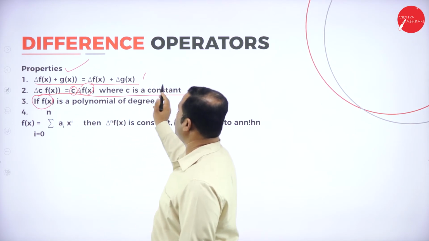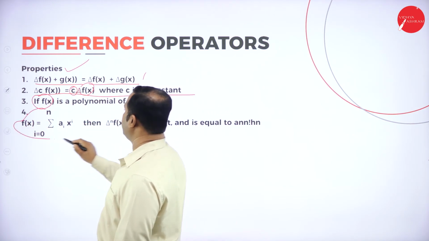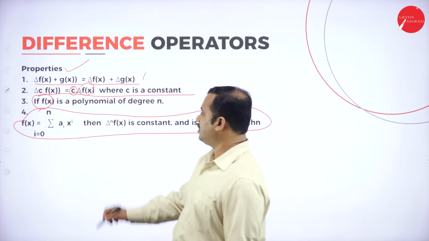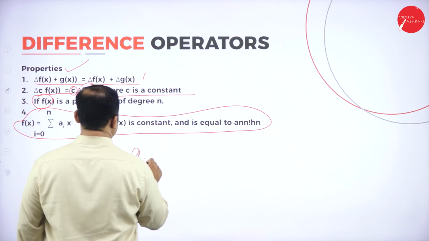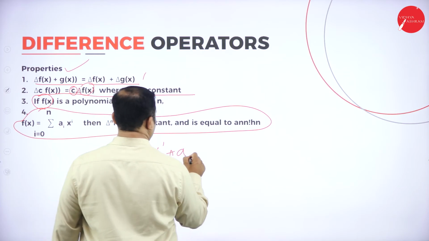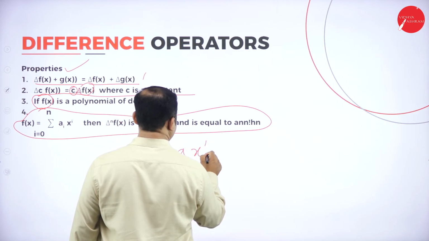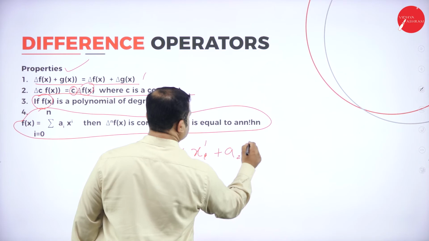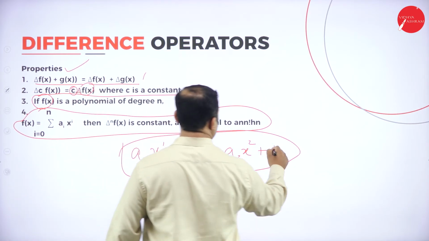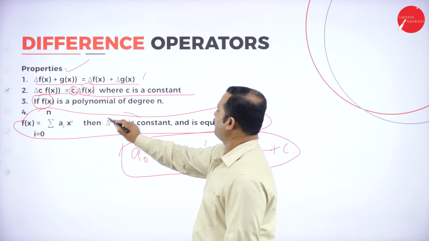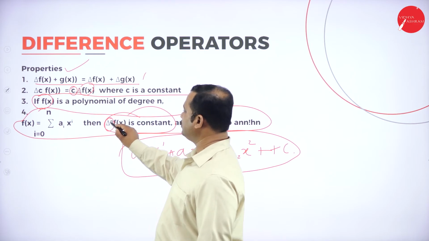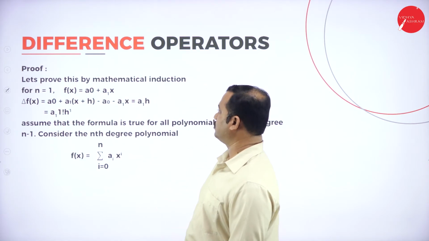If f of x is a polynomial of degree n, then this can be written as a summation, a0 plus a1 x plus a2 x square, and so on. This is a polynomial, so we add up these terms plus a constant term. The nth difference of f of x is going to be determined.